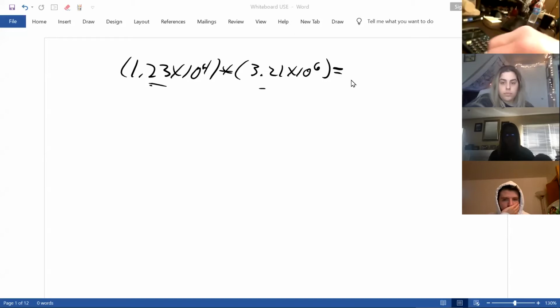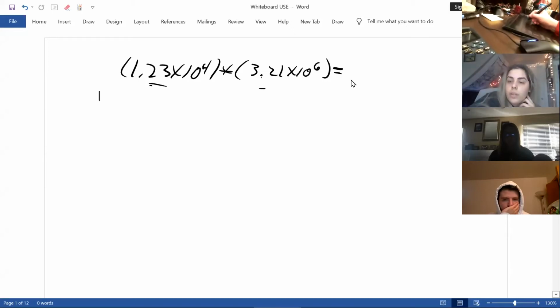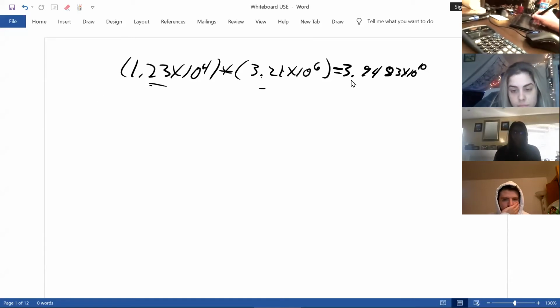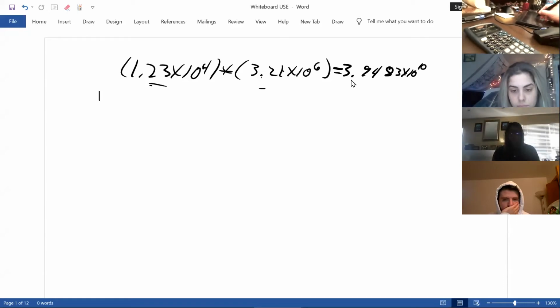Now, what if we need to do a negative number? And like I said, the number here was 3.9483 times 10 to the 10th. That's what the calculator gave me. But as you've learned with math, this is 3 significant figures.